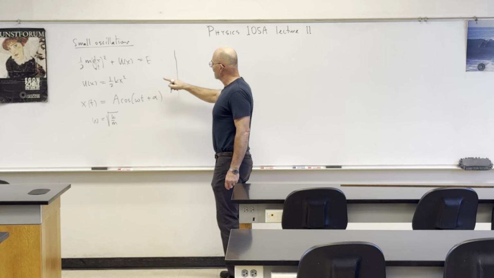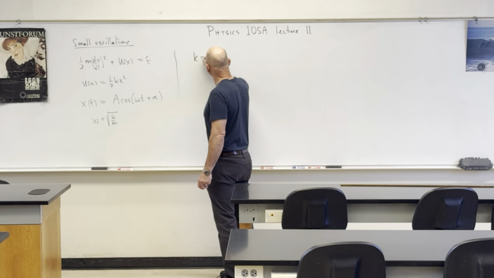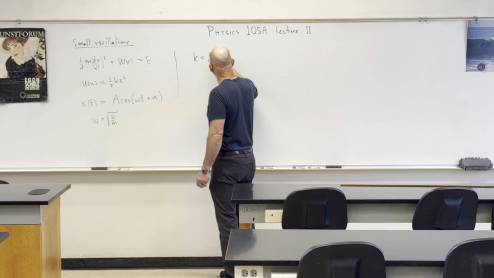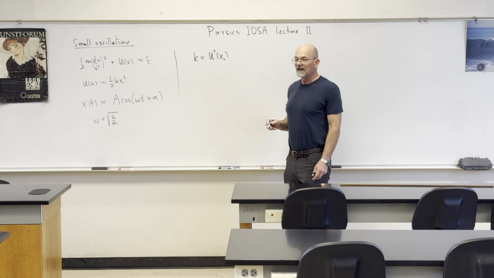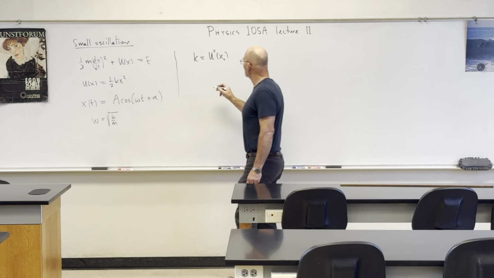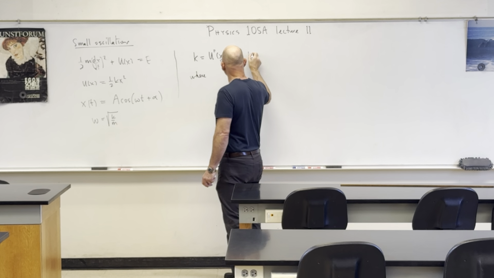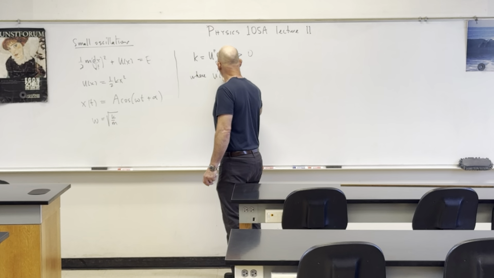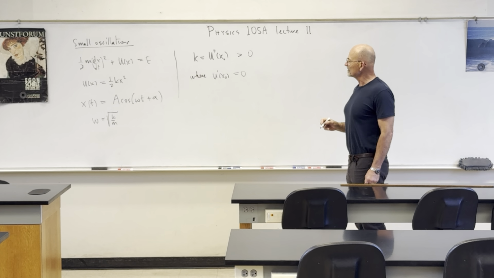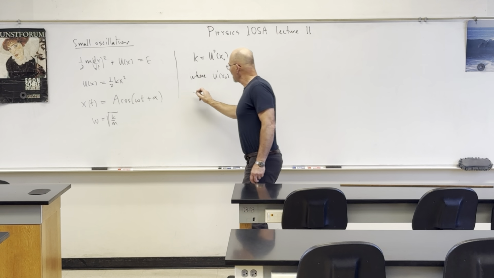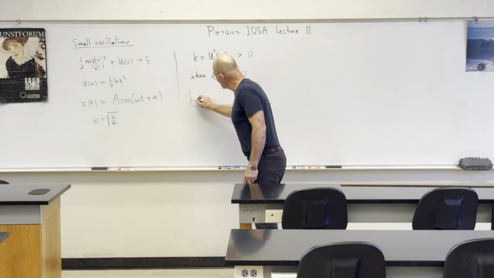This k is actually equal to the second derivative of the potential energy at an equilibrium point, and it's greater than 0, where u prime of x0 is equal to 0. That's its actual definition.